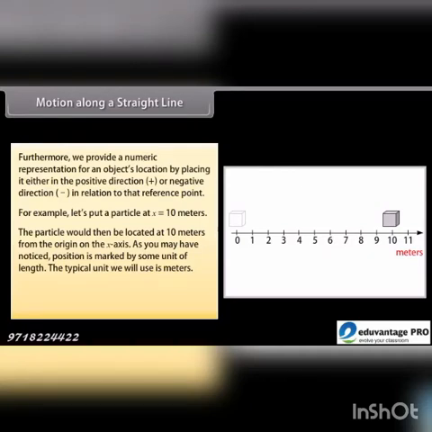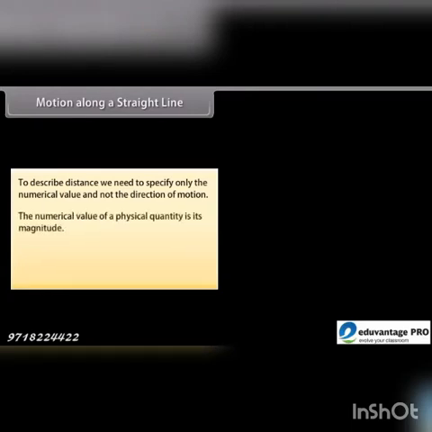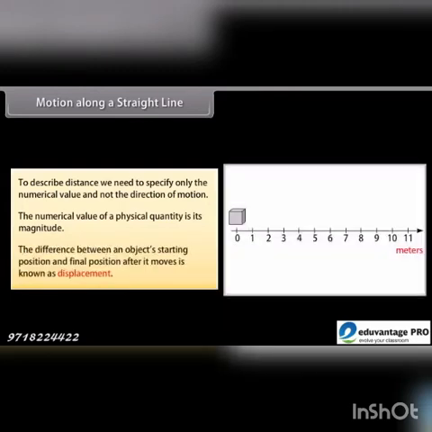The typical unit we will use is meters. Here the distance covered by the object is 10 meters. To describe distance, we need to specify only the numerical value and not the direction of motion. The numerical value of a physical quantity is its magnitude. The difference between an object's starting position and final position after it moves is known as displacement.